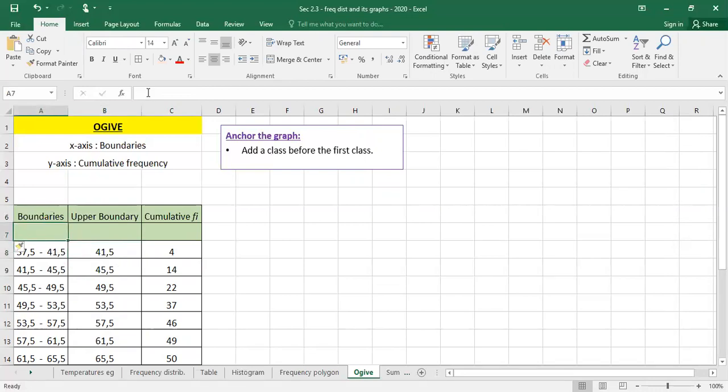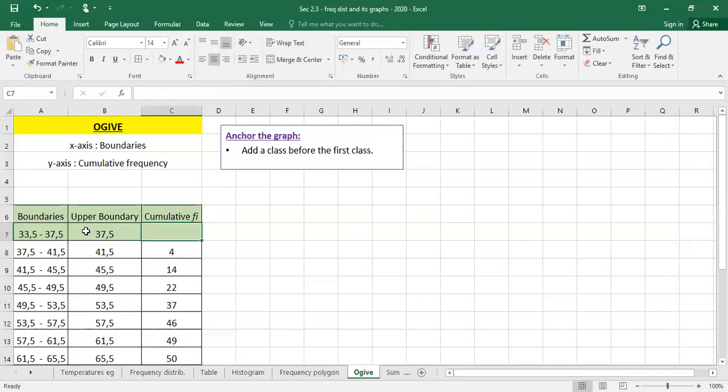So 37.5 minus 4, I can't even work this out. 33.5, yes, to 37.5. Notice your upper and lower limits link. So there's my boundaries. The upper boundary I'm going to do here, 37.5.